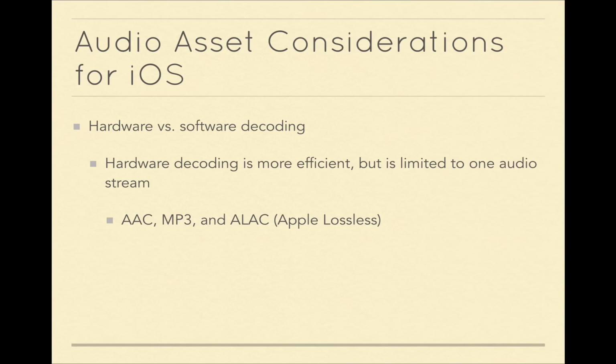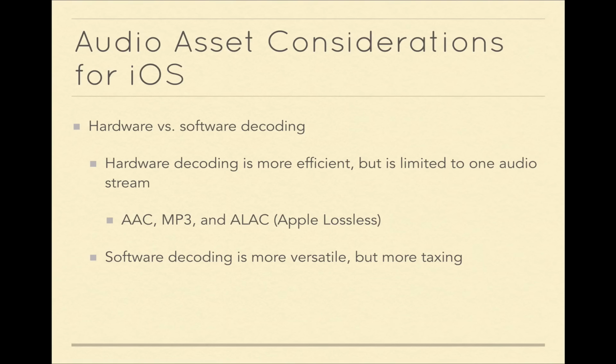So some formats that are eligible for hardware decoding are AAC, MP3, and Apple Lossless. Software decoding is much more versatile but is more taxing, meaning that the app and the device have to work quite a bit harder to decode those audio assets.